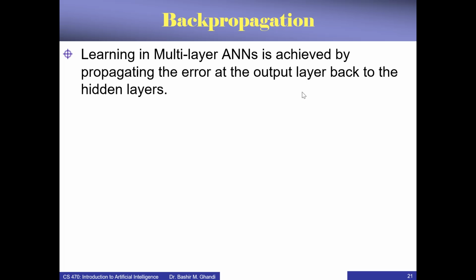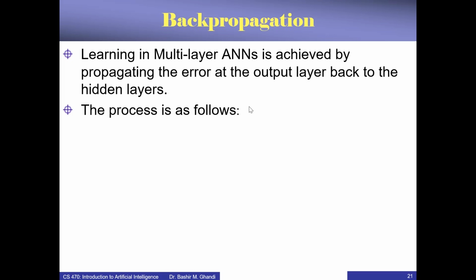Now compute the error at the output layer and then propagate it back proportionally to the nodes in the layer immediately before the output layer. Depending on the weight that was applied to each node in that layer, in the same order, the error is going to be propagated back proportionally to each node. Okay, this is the idea.